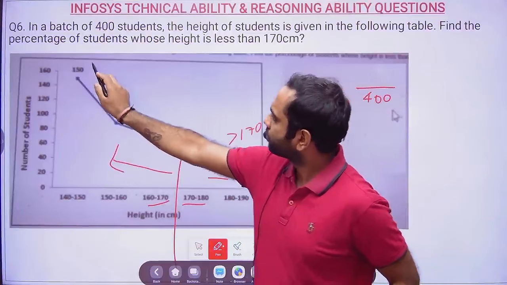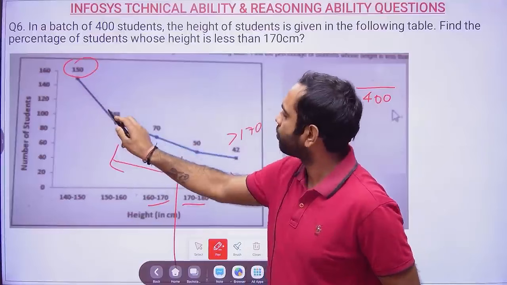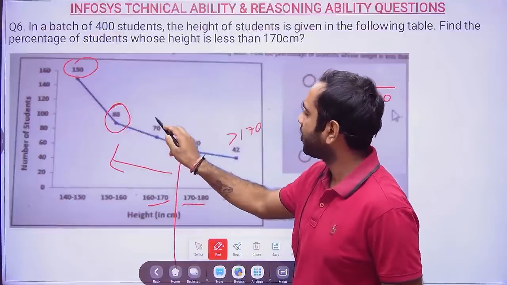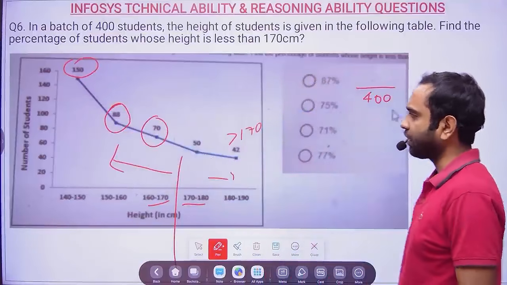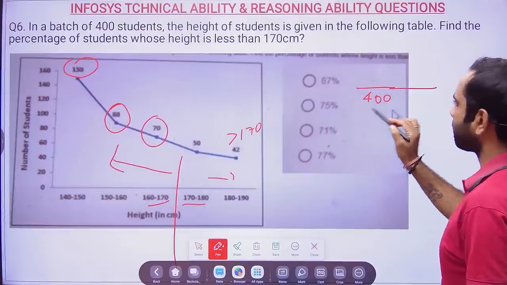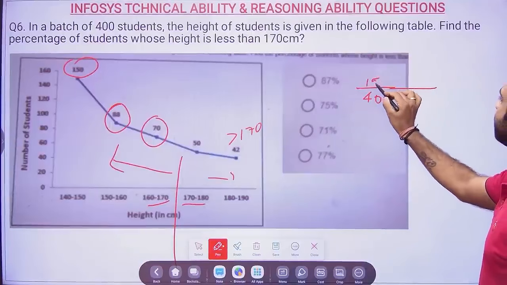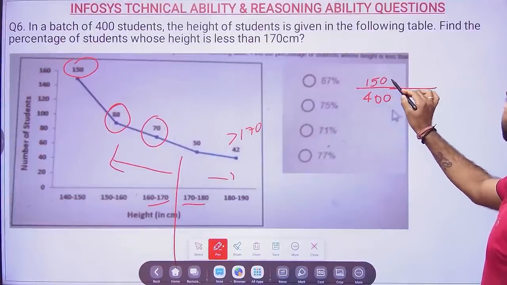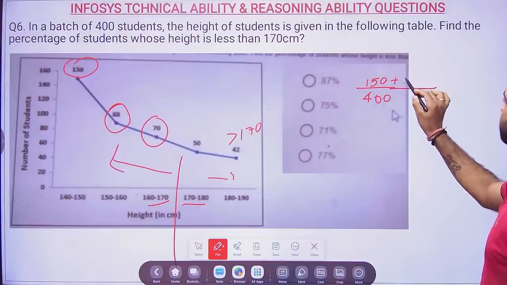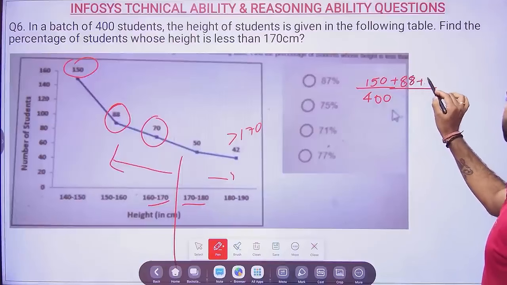Now, total number of students whose height is less than 170 centimeter is 150 plus 88 plus 70.